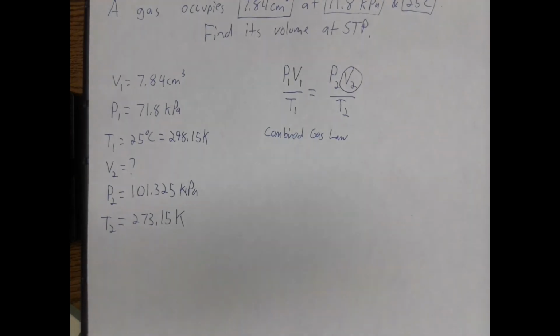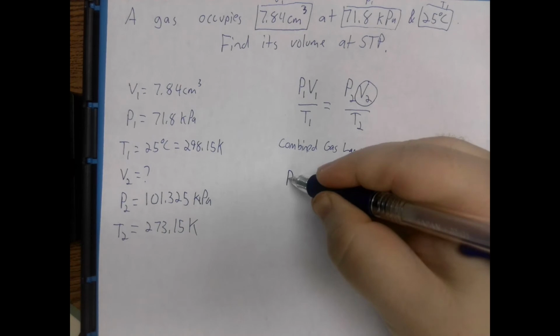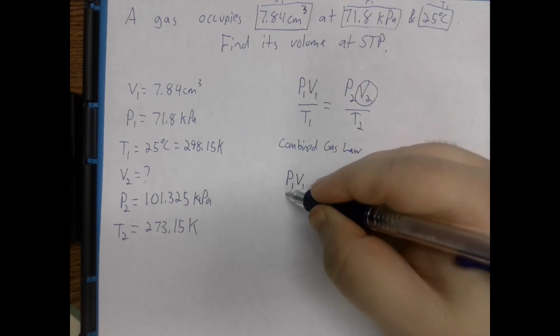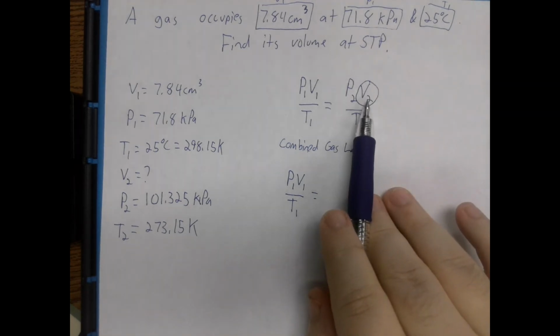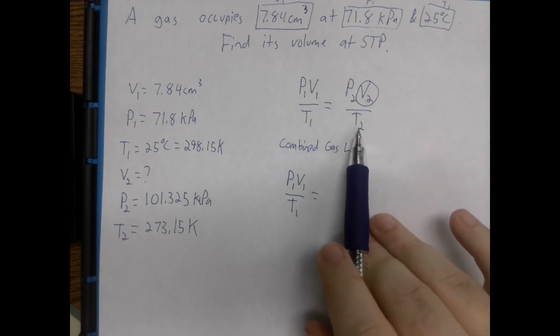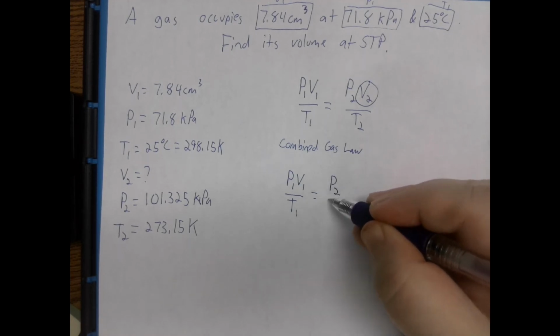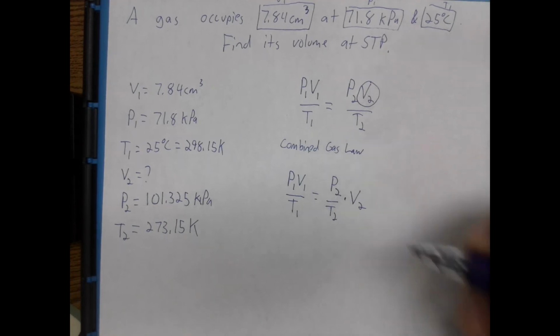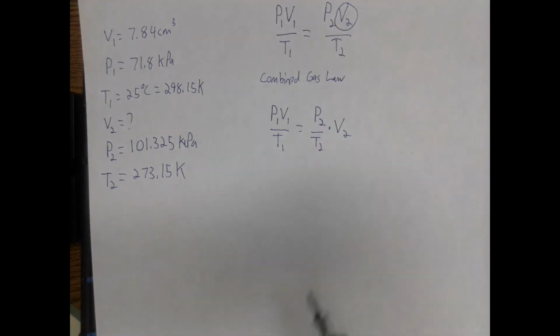Here's an algebra trick for you. So I'm going to rewrite the equation. P1 V1 divided by T1. By the way, here is V2. V2 is being multiplied by P2 and divided by T2. So it's being multiplied by this fraction, P2 divided by T2.